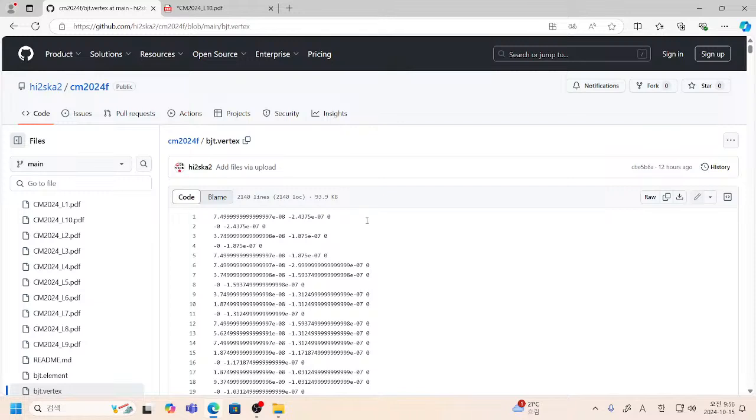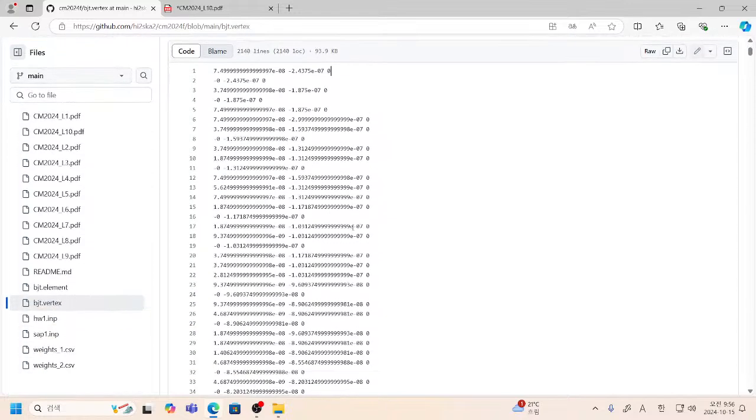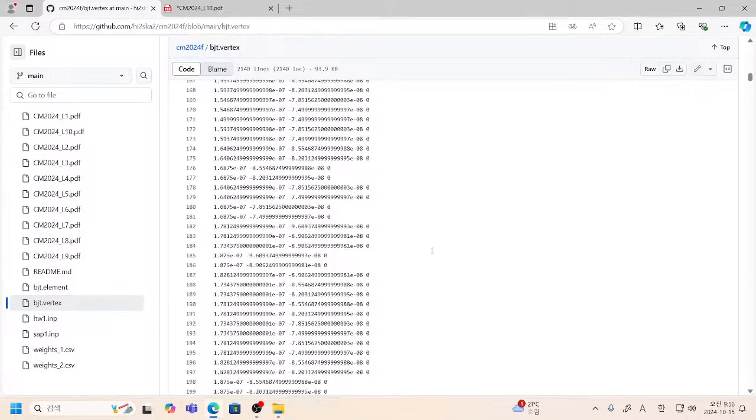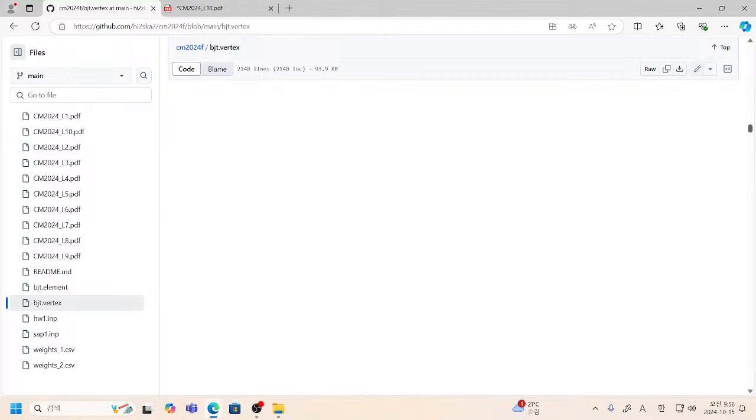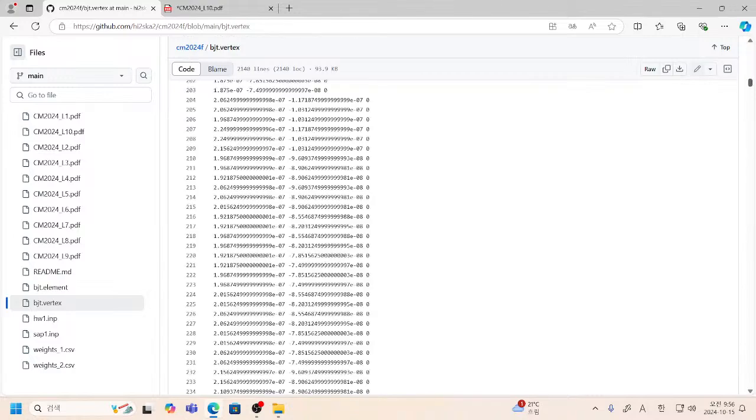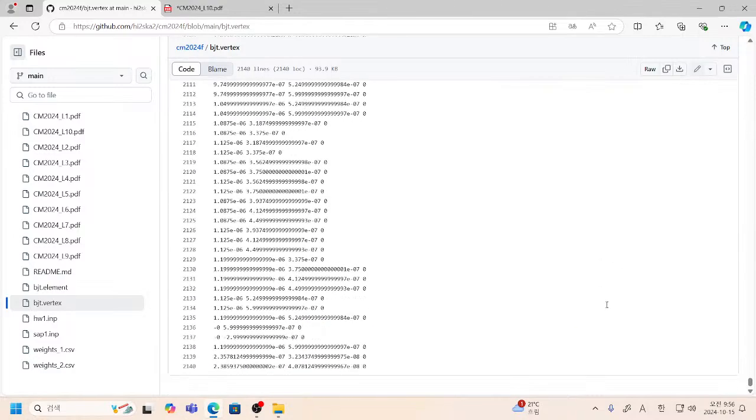Oh no, this is just 2D, but the third direction is just number 0. It means that although we are showing a triplet, the z direction coordinate is always 0. Oh, don't be afraid. And as you can see here, you have how many vertex points?